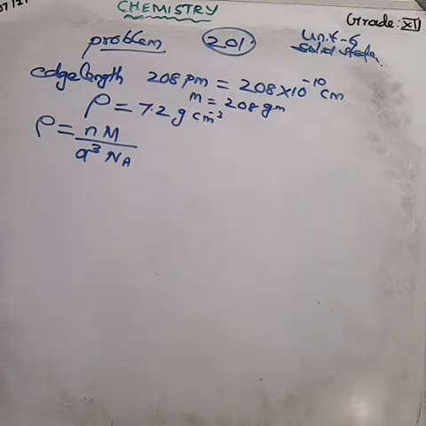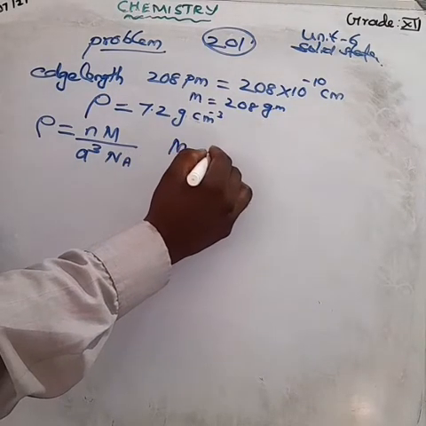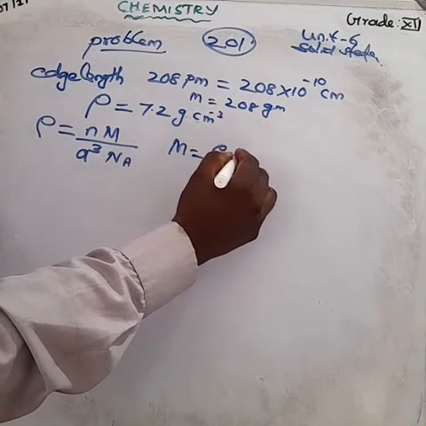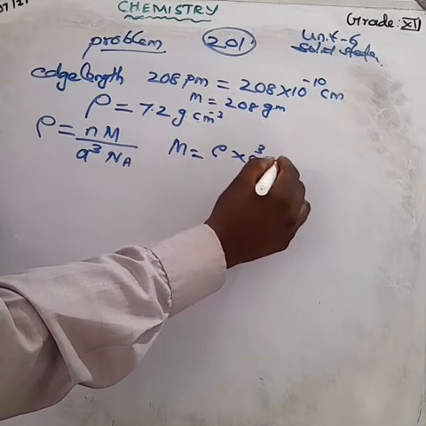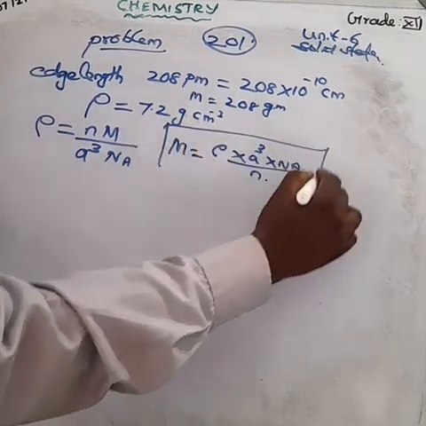So can we change the formula like that? Capital M is equal to rho into a cube N A divided by small n. Which are the values?